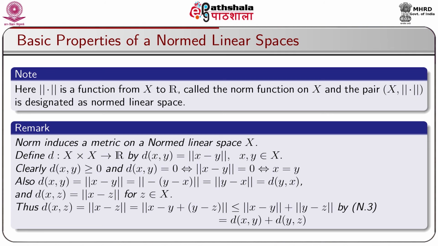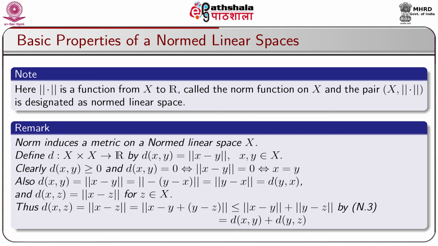Thus, we see that d of x, y is greater than or equal to 0, and d of x, y equals 0 if and only if x equals y. Also, d of x, y is equal to the norm of x minus y, which is equal to the norm of minus of y minus x, which is equal to the norm of y minus x, which is d of y, x. That is, the symmetry axiom holds for a metric.